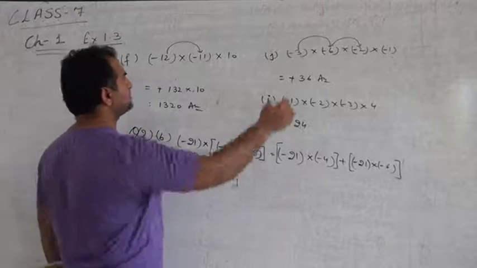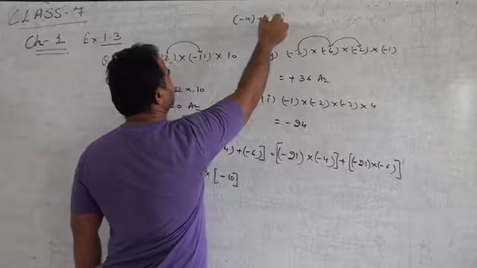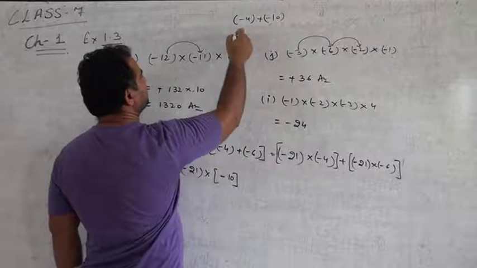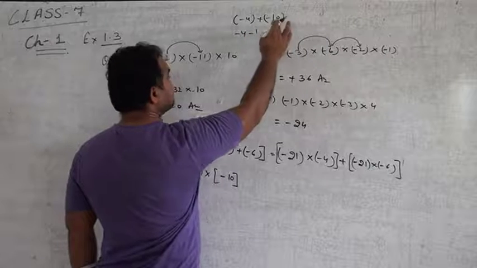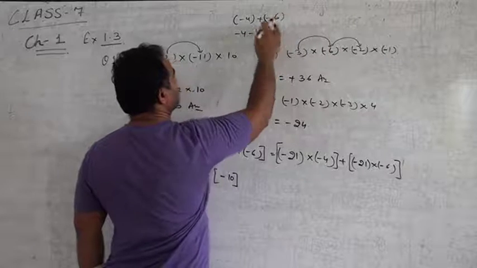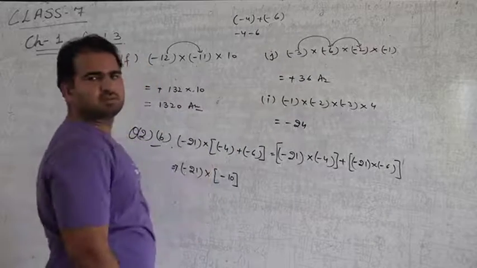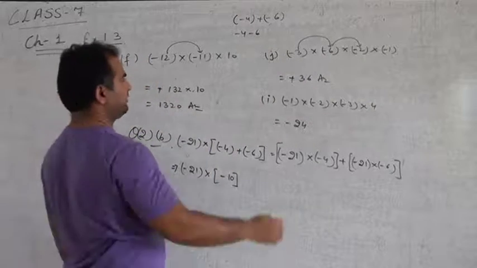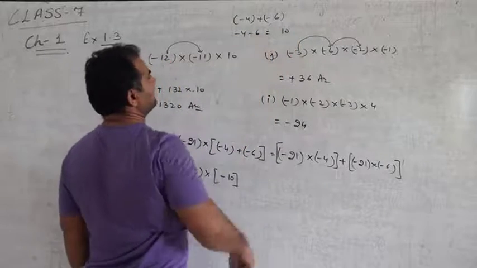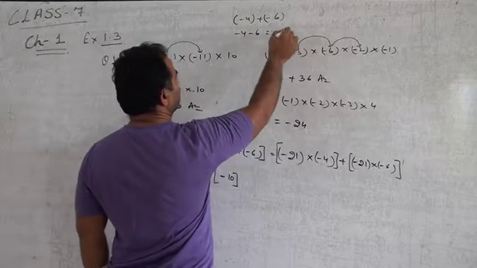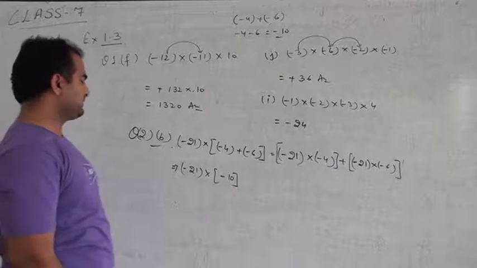Write it like this: minus 4 plus minus 6. What is minus and minus? They both will be added. 6 and 4, 10. The sign is of the bigger one. Minus 6 is the bigger digit, so we will have minus 10 as the answer.